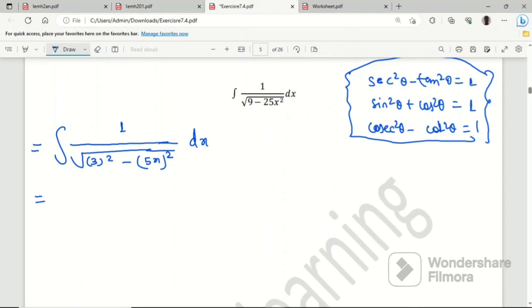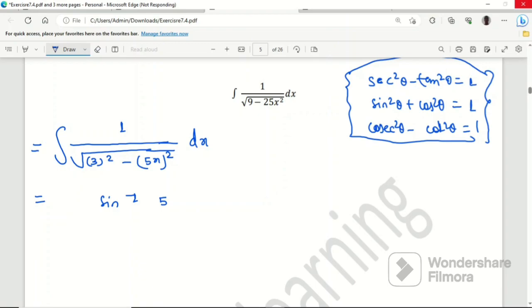The formula for a square minus x square is sine inverse of x upon a. So what is x here? The variable is 5x and a is here 3. So we can write sine inverse 5x upon 3. But now the problem is we have the variable as 5 into x. So what will we do?